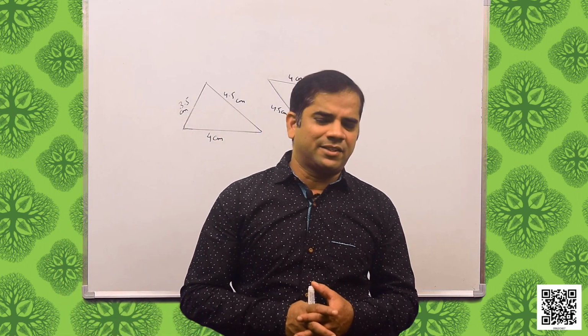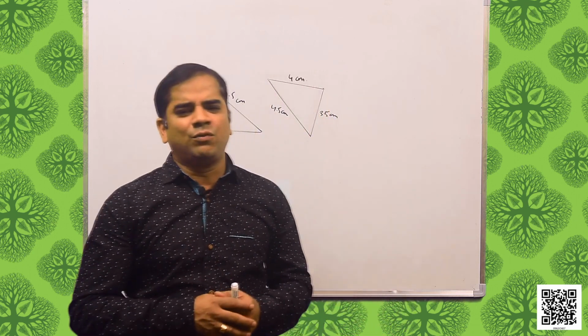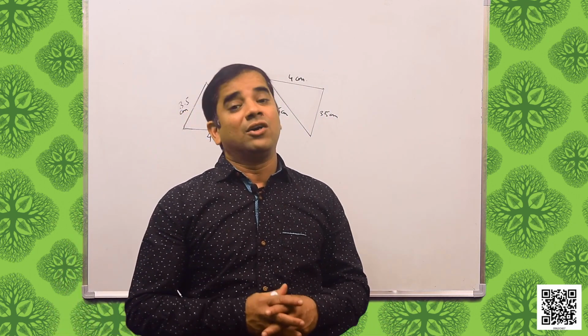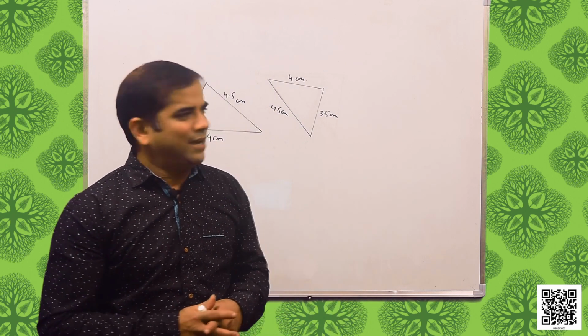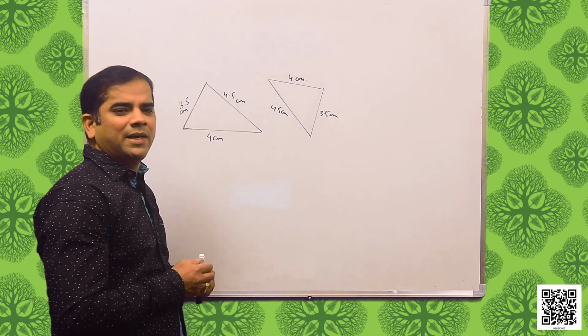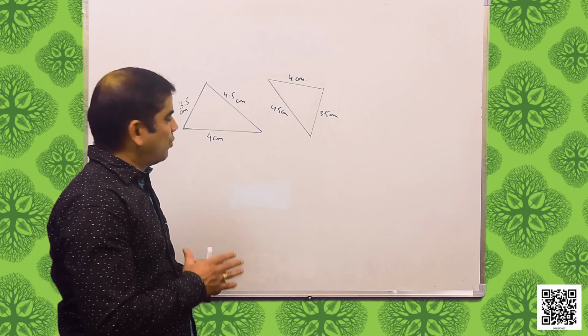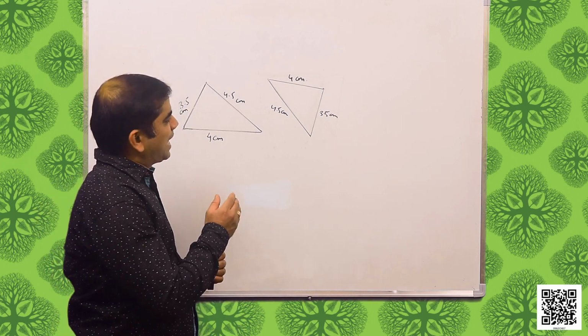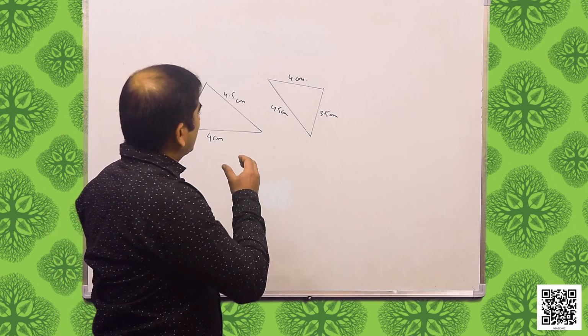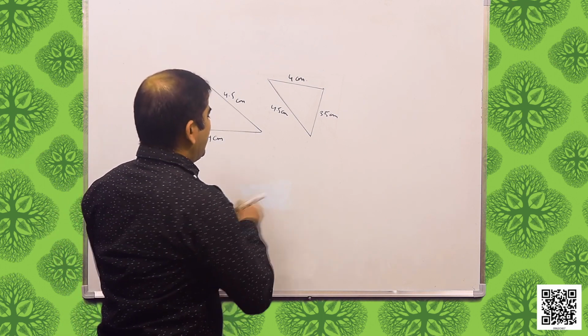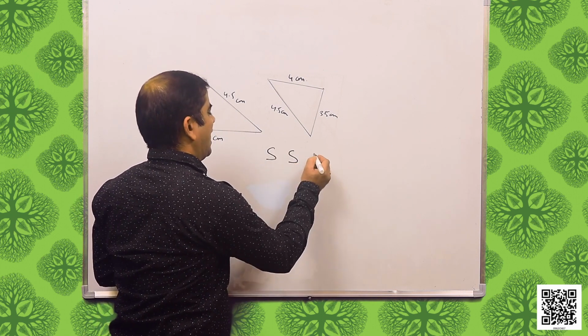We can repeat this activity with some more triangles. In that case we arrive at another rule for congruency, which is given over here. No angles, only sides. So we come to the rule of congruence: side, side and side.